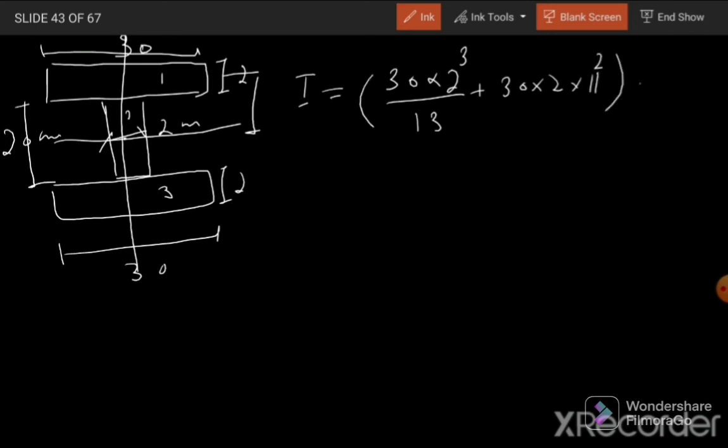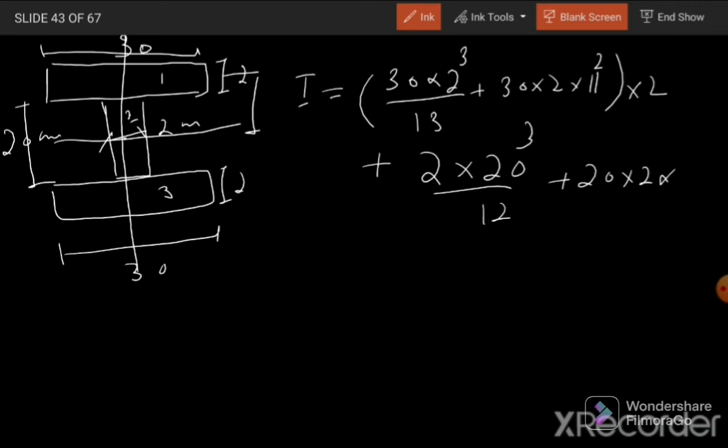We will multiply it by 2 to account for the third figure, then plus for the second figure it is 2 multiplied by 20 cube over 12. Here the area is 20 times 2 times the distance between the centroid of the whole figure and the centroid of this second figure, which is the same, so it will be 0 square. So from here we can calculate the second moment of area about the centroid of this composite shape.